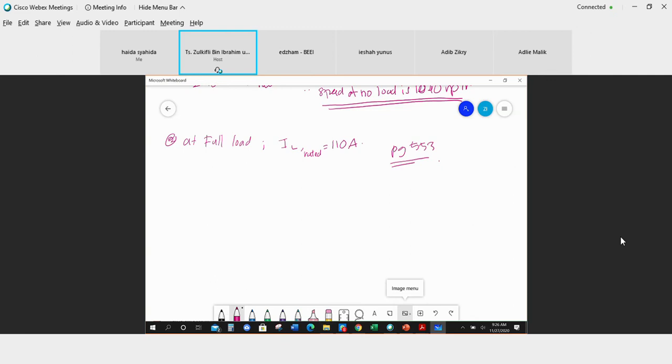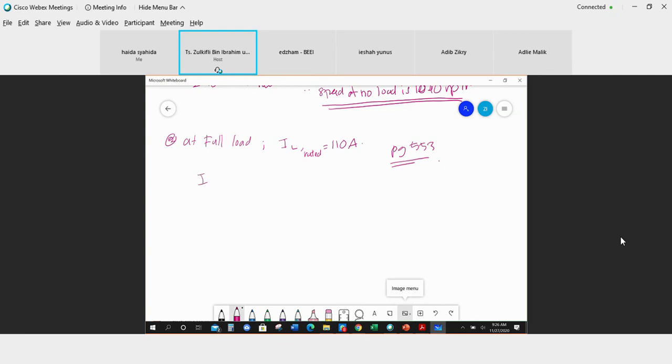So what we can do here, at first, it is given that there is no armature reaction. So at full load, what will the armature current be? At full load, look at the circuit from earlier.